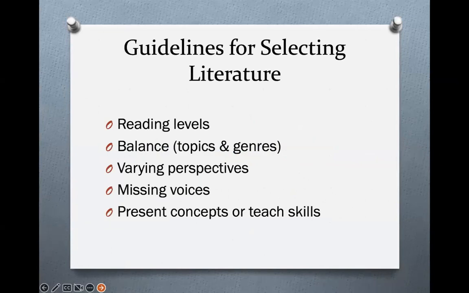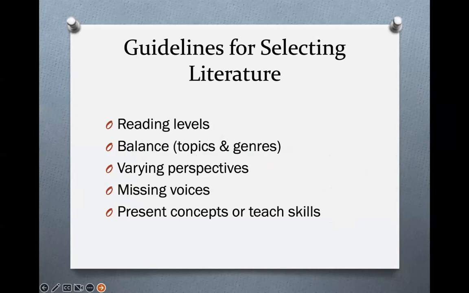Some basic guidelines for selecting the literature that you will use. You should have a variety of reading levels because your students will represent a variety of reading levels, right? So think about your classroom library, think about the things that you read to students. Of course, if you're reading the book to the students, then the level can be above even what students can handle on their own.